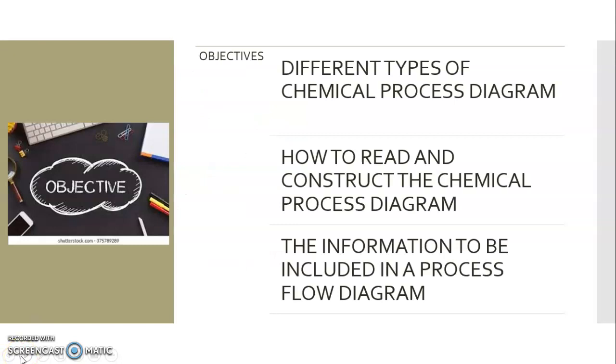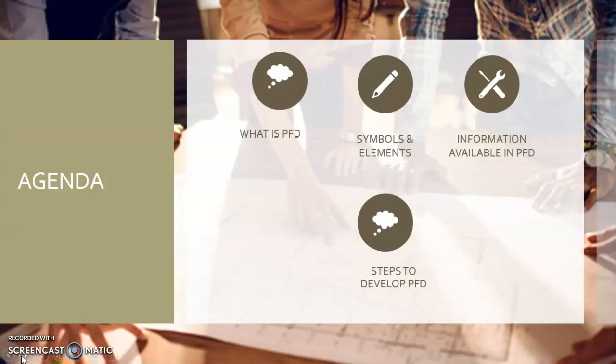The objective of this video is that at the end you should be able to differentiate types of chemical process diagram, read and construct the chemical process diagram, and know the information to be included or excluded in a process flow diagram.